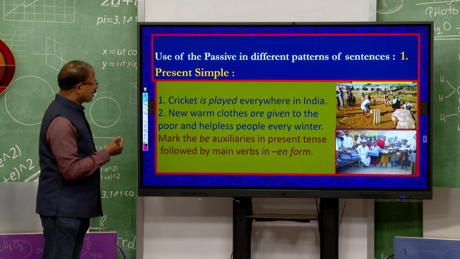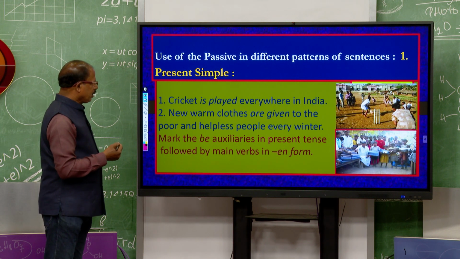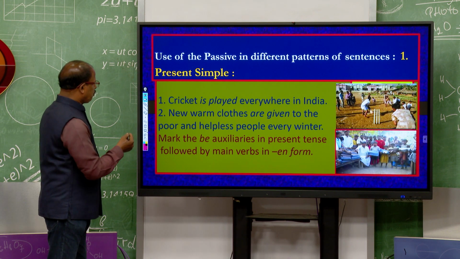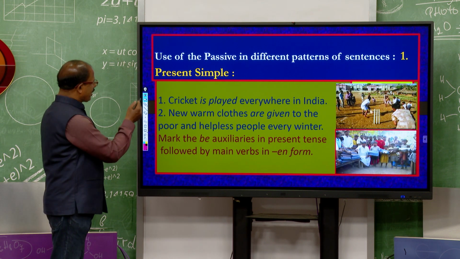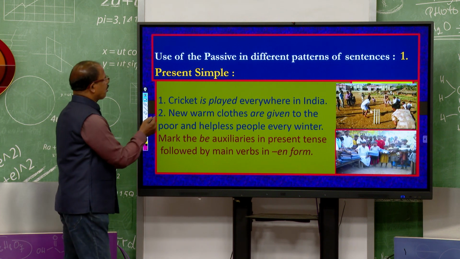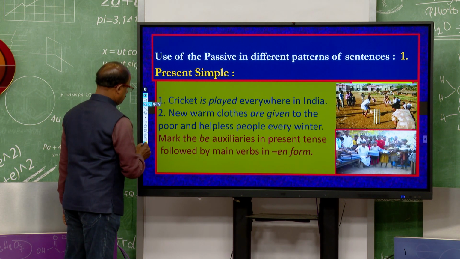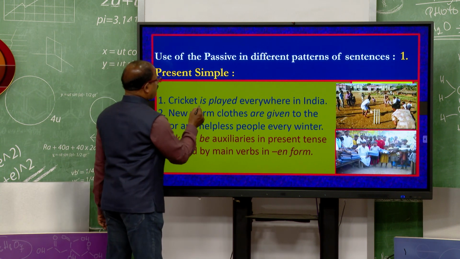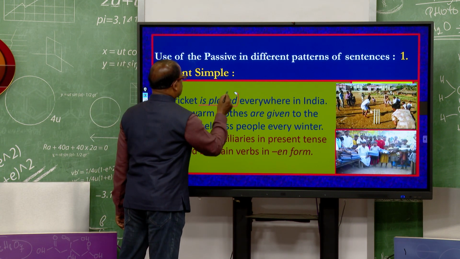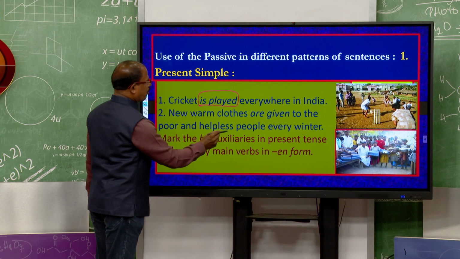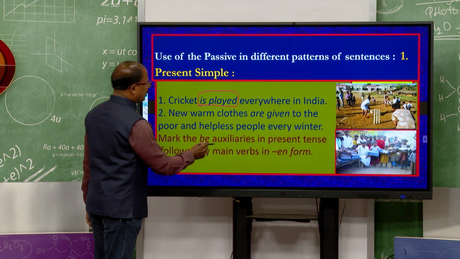Cricket is played everywhere in India. New warm clothes are given to the poor and helpless people. Both the sentences are in present simple form. The passive form is: is played. The be verb, the auxiliary verb in present tense, is followed by the en form.